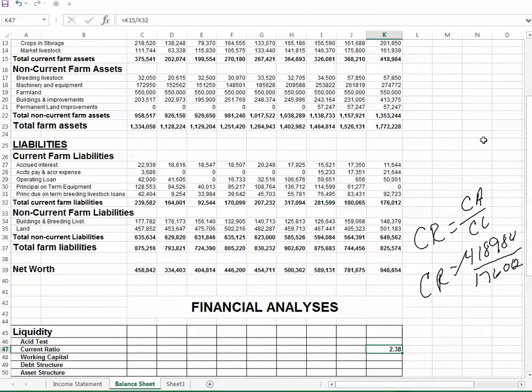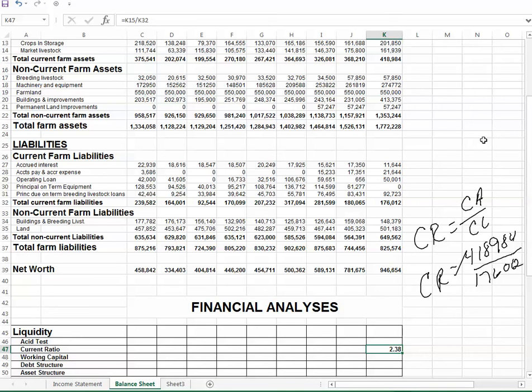Now, one thing about liquidity that you need to really understand is liquidity measures the short run ability to pay off short-term debts. Sometimes a farm can have a liquidity problem. In other words, that ratio might be close to 1 or even less than 1, which means they don't have enough current assets to pay off current debt. But it doesn't necessarily mean the farm business has a wealth problem.